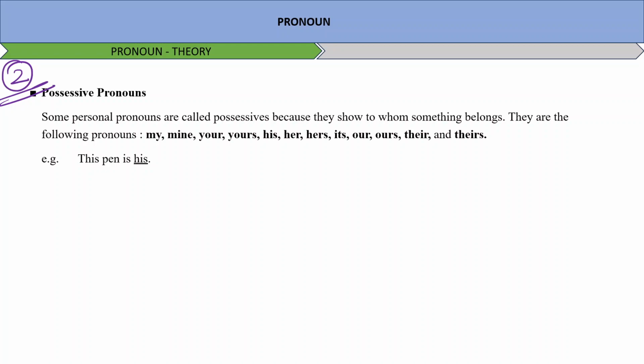They are pronouns like my, mine, your, yours, his, hers, its, our, ours, their, and theirs. This pen is his. You are showing possession or the ownership of the pen to him, right? He is the owner of the pen. This is very easy to understand. I'm sure we don't need to spend much time on this.